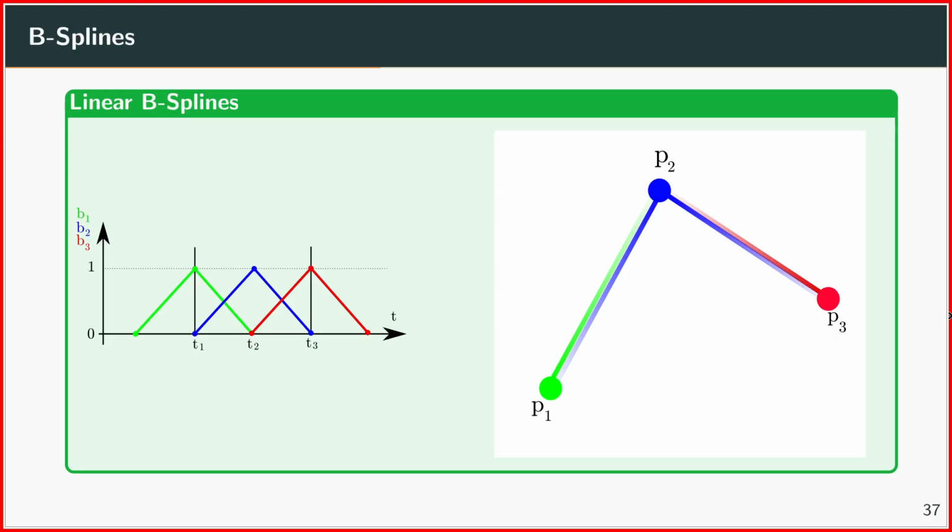So for example, if you're in the middle here, then both green and blue have the same influence, and on the right, in the middle, you have the influence of red and blue, but nothing from green. Okay, so this is basically super easy interpolation with linear B-splines.